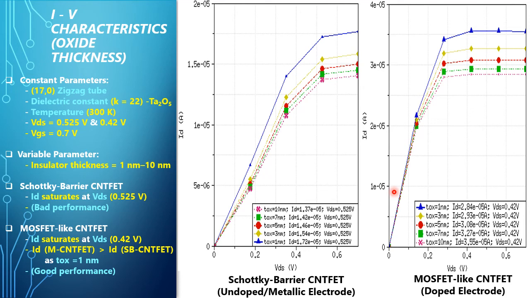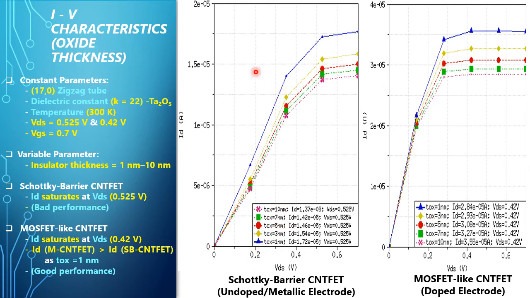And another thing worth noticing here is the ID of the MOSFET like CNT FET is much greater than the Schottky barrier CNT FETs when the T oxide is 1 nanometer.